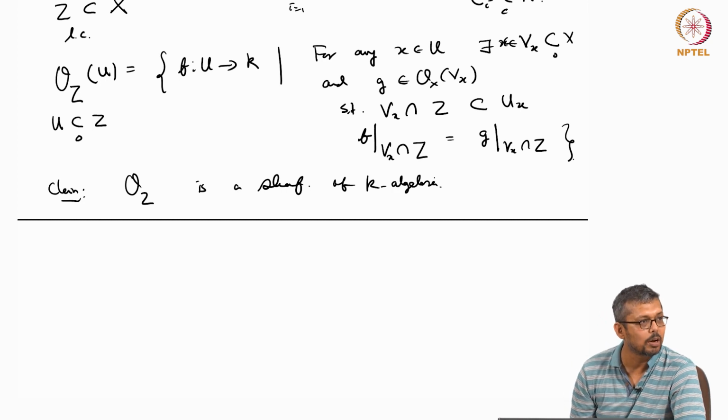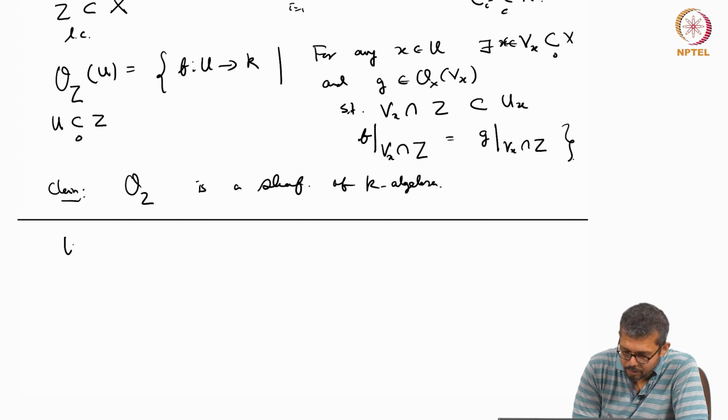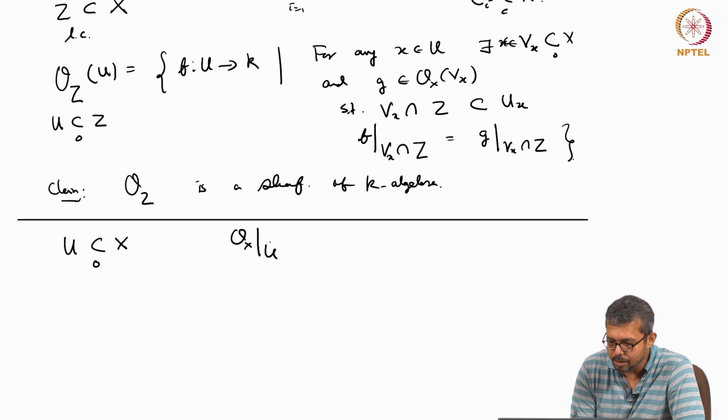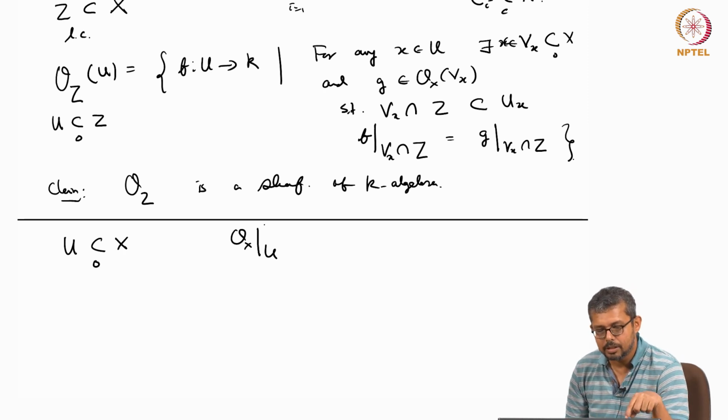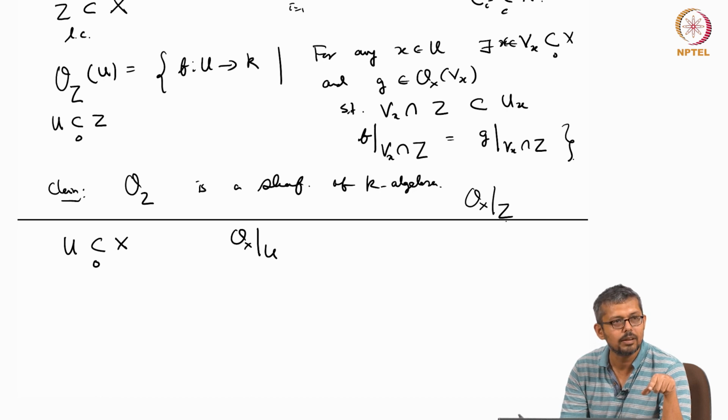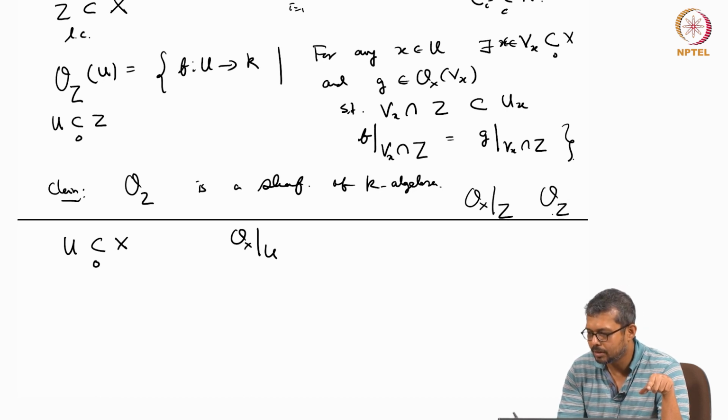When Z is a locally closed subset, first of all, this does not make sense, because if I am taking only U, which is a subset of Z, this is a sheaf on Z. So at most what you can ask is whether O_X restricted to Z and O_Z agree.